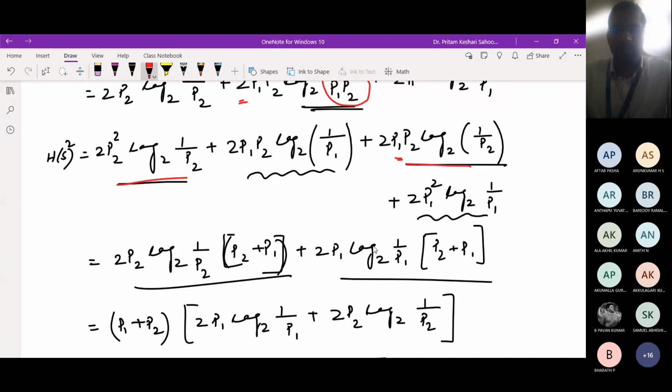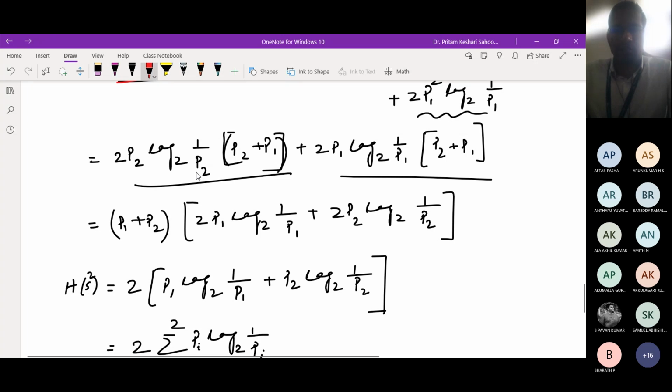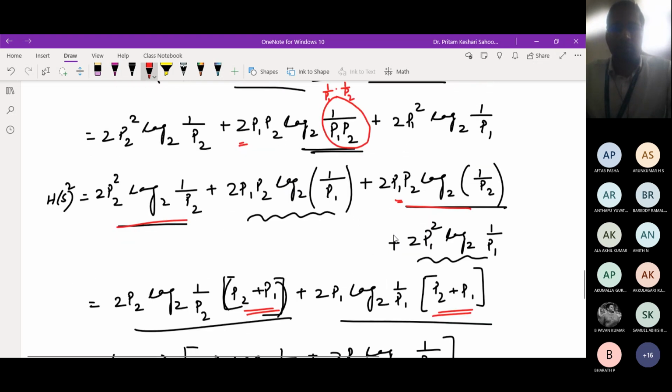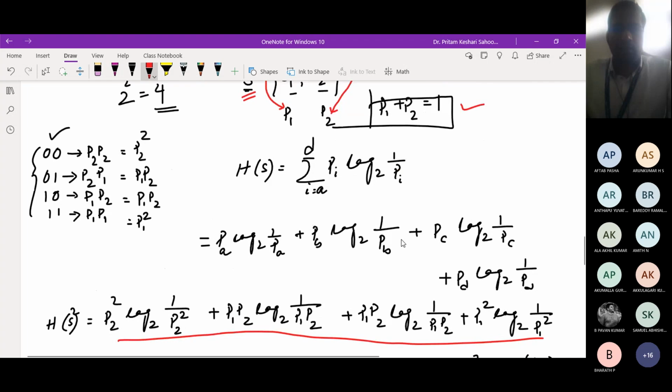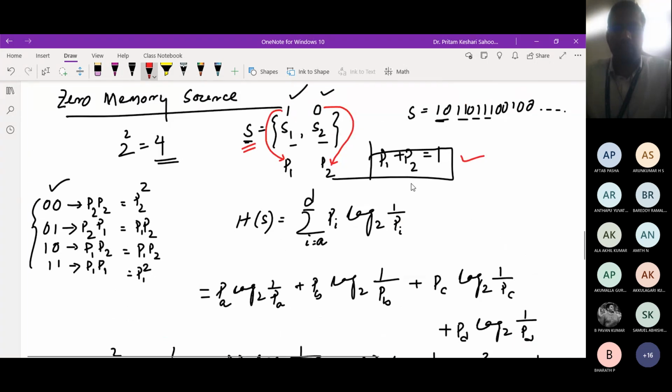Now if you see these two terms here, we can take common P1 plus P2, because P1 plus P2 is here in the second term and P1 plus P2 is also here in the first term. So on taking P1 plus P2 common, we will have this equation. But we know in the very beginning that we mentioned the probabilities of the two symbols sum to 1.